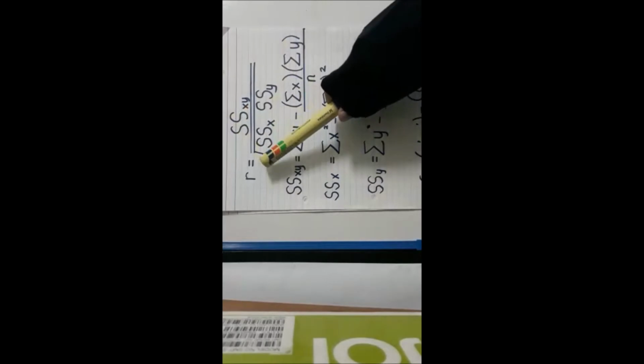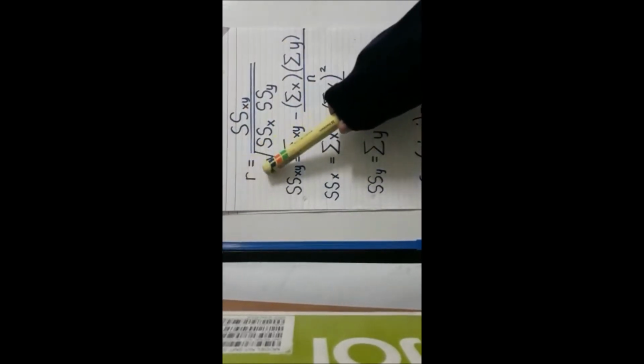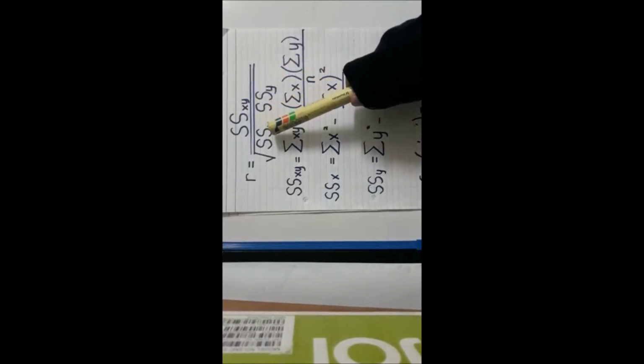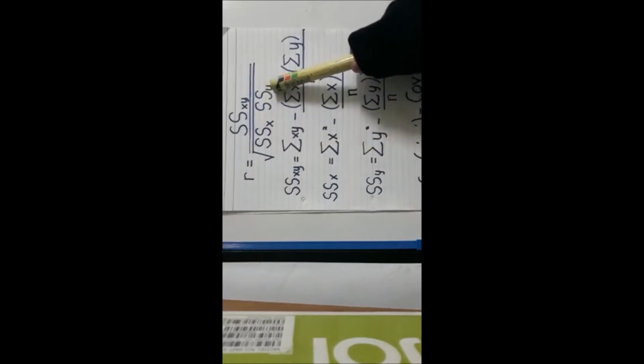There are two ways to find Pearson's product moment, which is r. So we're going to use the first method, which is r equals the variance of xy divided by the standard deviation of x and y.